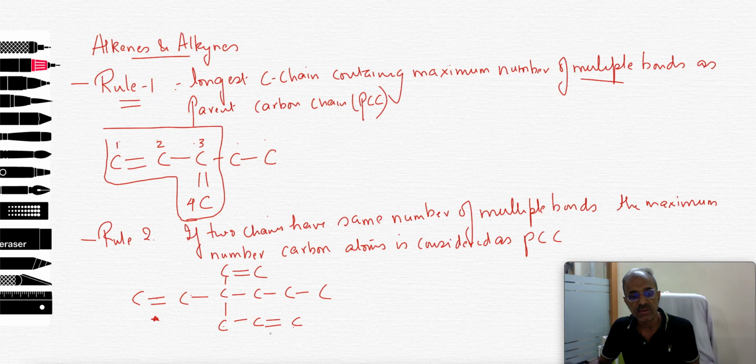If I go from here 1, 2, 3 and 4 and 5, it also has multiple double bonds.